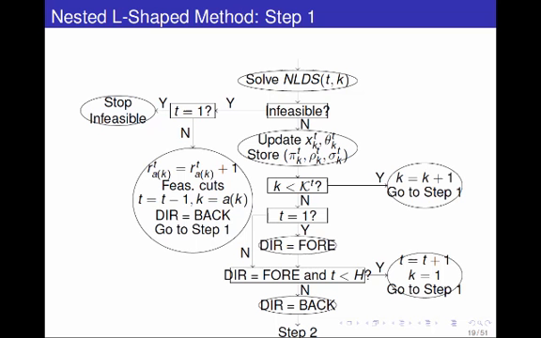The objective function, we are under-approximating it. The feasible region, we're blowing it up, we're expanding it. If I can't even satisfy the feasible region of period 1, scenario 1, of a relaxation, I certainly can't satisfy it for the full problem. So that's when we exit with the infeasibility.